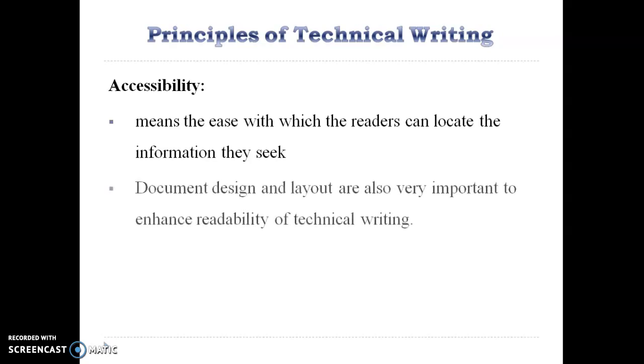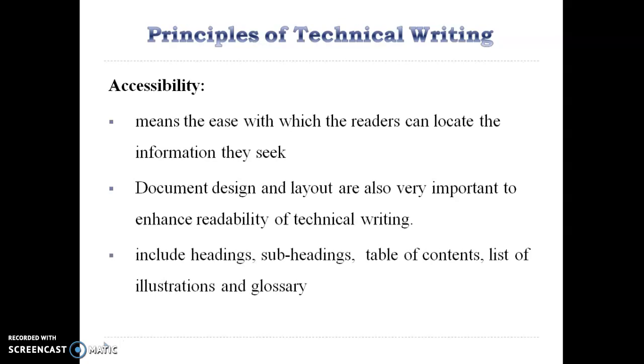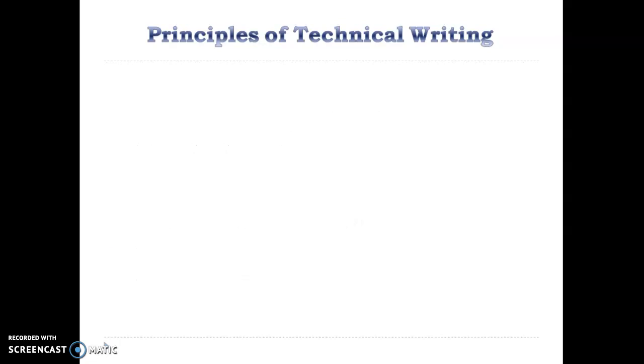To do it, the most important thing that you have to pay attention to is the document design and layout. It's very important to enhance readability of your technical writing. And the third is include headings, subheadings, table of contents, list of illustrations and glossary, so that it becomes quite easy for your reader to access a particular piece of information.